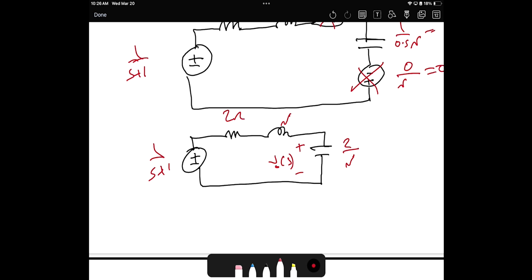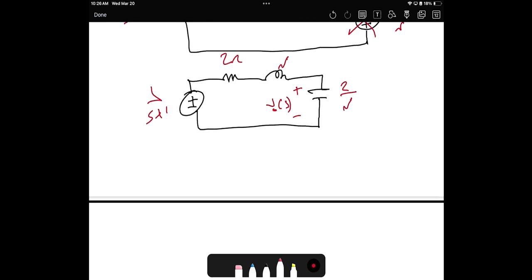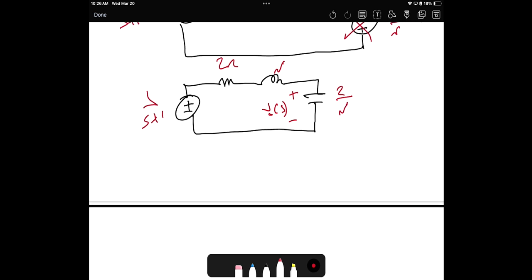Have you ever heard of voltage division? Whatever is more convenient for you, you can find the current or you can use voltage division. Let me use voltage division, because I like it. Then we can say this is the V source. Then we can say Vo of t equals V source. I'm sorry, s.